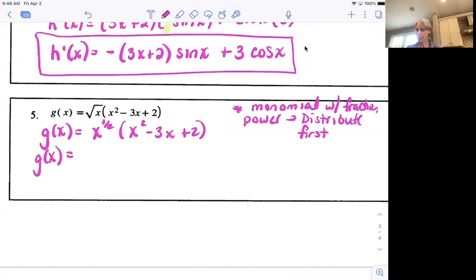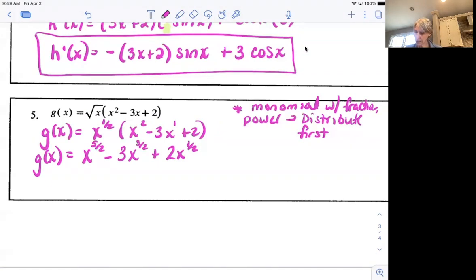X to the 1/2 times x squared. When I multiply like bases, I add their powers. So I get x to the 5/2 minus 3 x to the, so x to the 1/2 times, multiply like bases, I add the powers, 1/2 plus 1, 3/2 plus 2x to the 1/2.